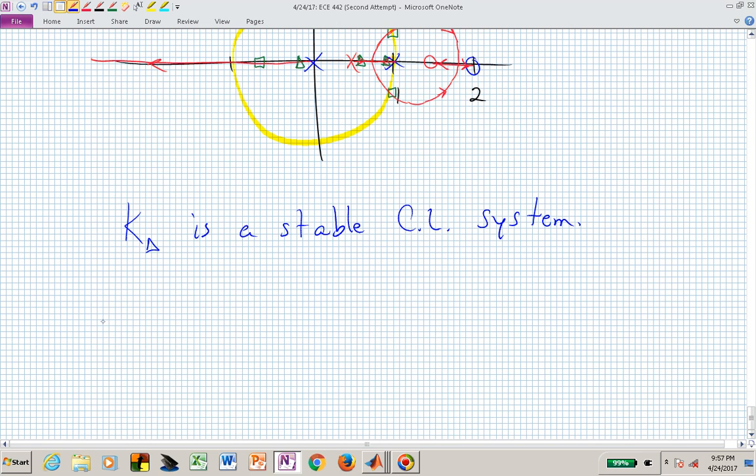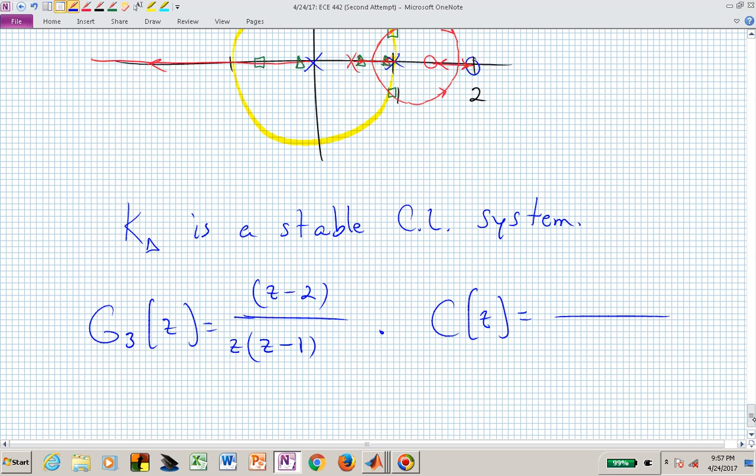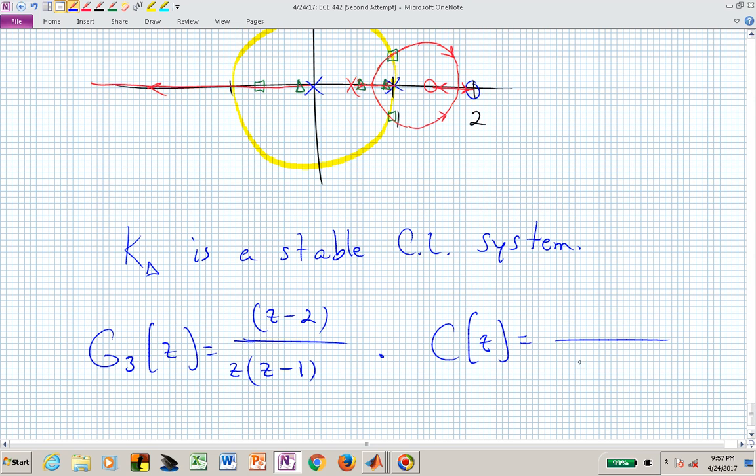And so for the plant that we started with, which was G sub 3 of z, z minus 2 over z minus 1 times z in the denominator, our controller that we created, let's just pick some numbers, it really doesn't matter, had a pole factor, let's say, at 1/2, and a zero factor at 1.5, and then we picked the gain K, maybe to be K delta, and now our closed loop system will be stable.